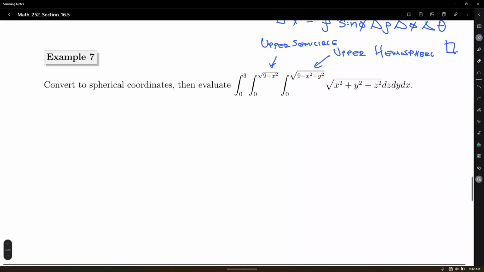Maybe the length. Yes, it has to do with the length for sure. Well, this 0 to 3, what does it tell us about this upper semicircle?